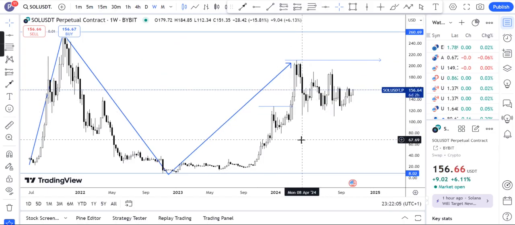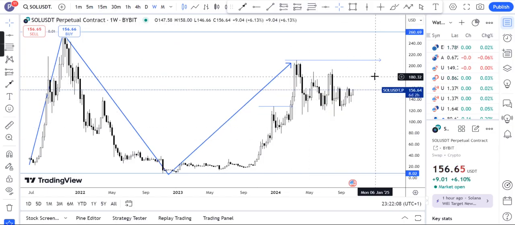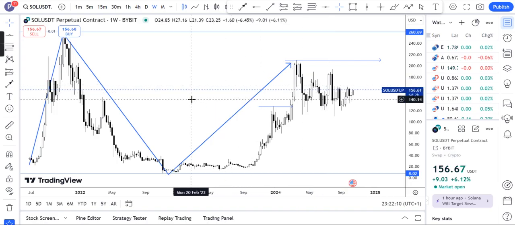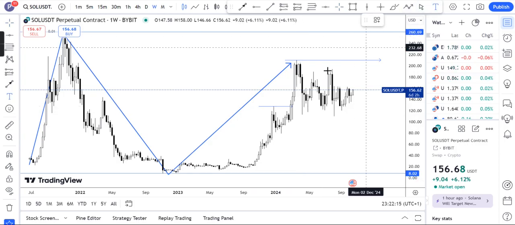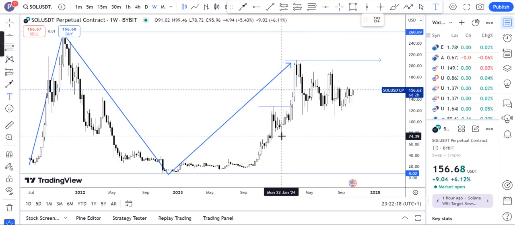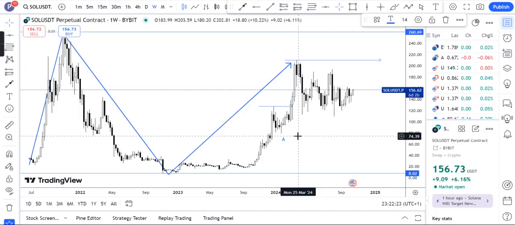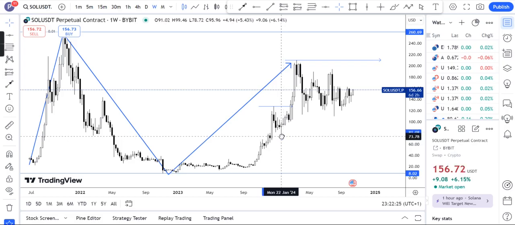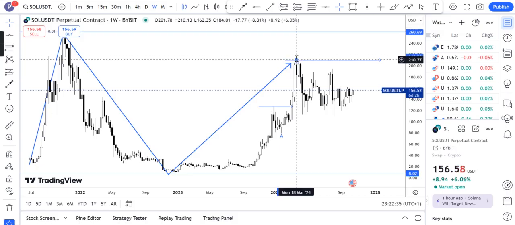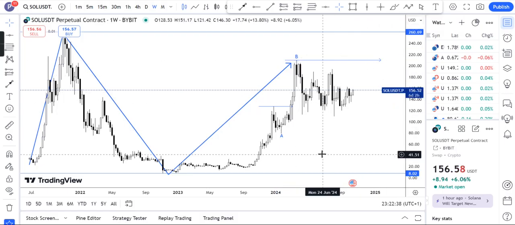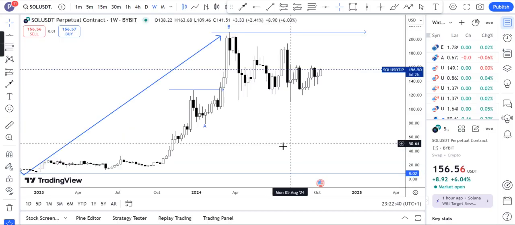Now based on this reaction, we can also clearly see that on this Solana coin, we have our point A, and we have our point B. So these are the two levels we have for our Solana coin.